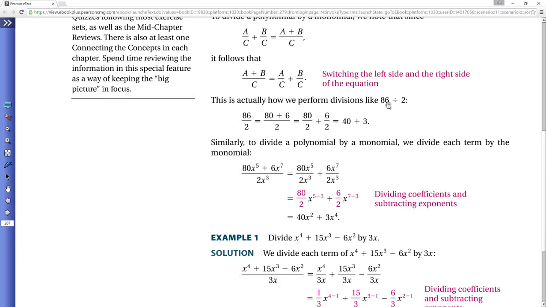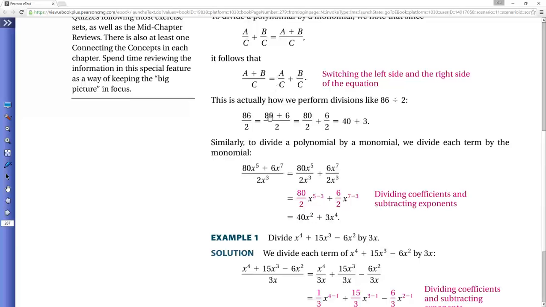So like if I had something like 86 divided by 2, you would probably take out your calculator, or you could probably do this in your head, thinking of long division, which we'll be reminded of here in a bit too, and get the answer 43.